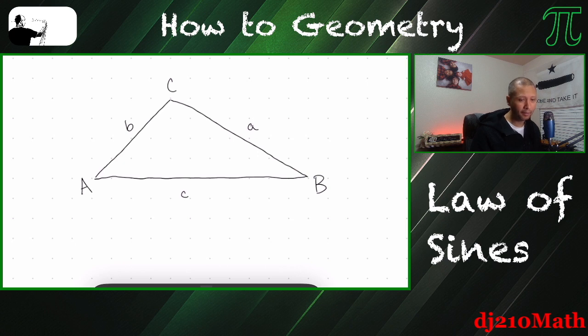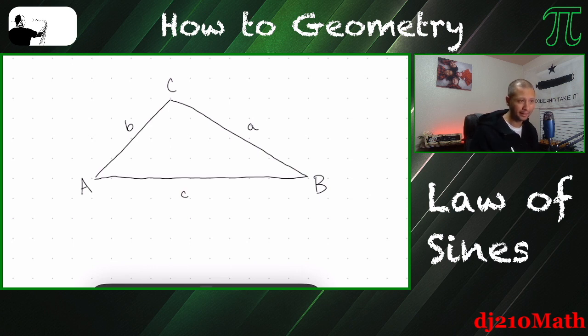And depending on what information is given, then you'll have one of two laws that it'll fall under, right? So again, if it's a right triangle specifically, you give me an angle and a side and everything is lovely. Like we can figure out all the missing pieces, all the missing sides, all the missing angles, if I know a side and an angle in a right triangle because of SOHCAHTOA.